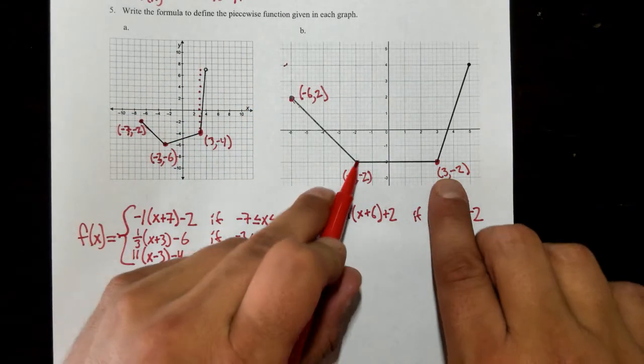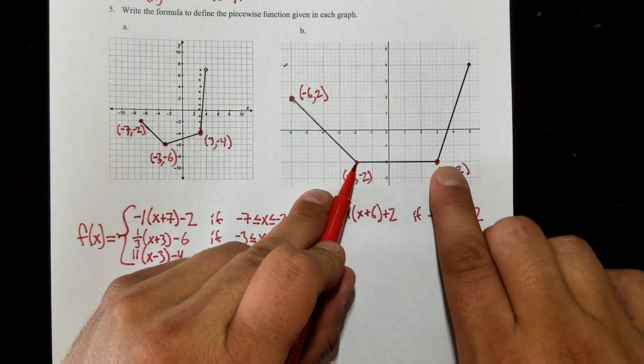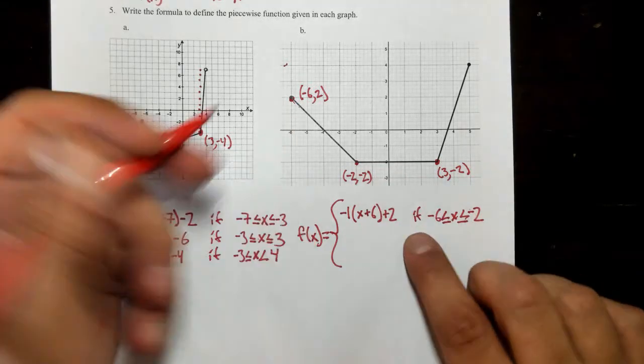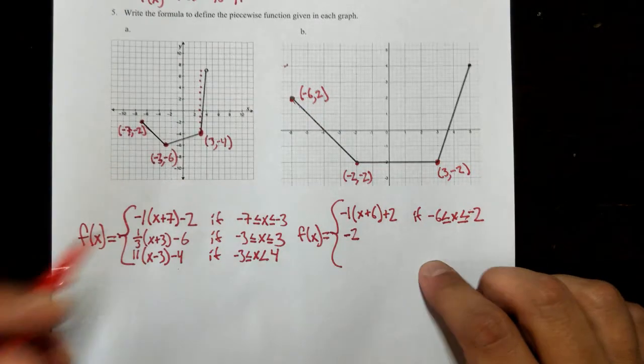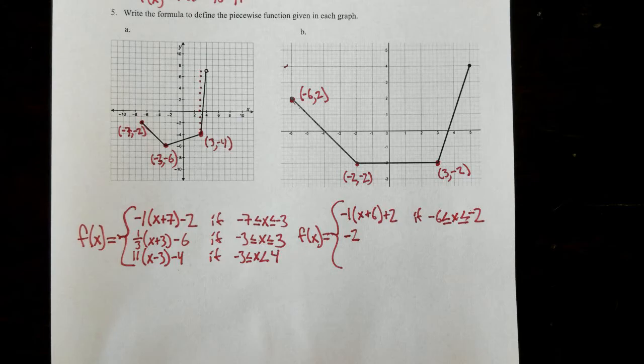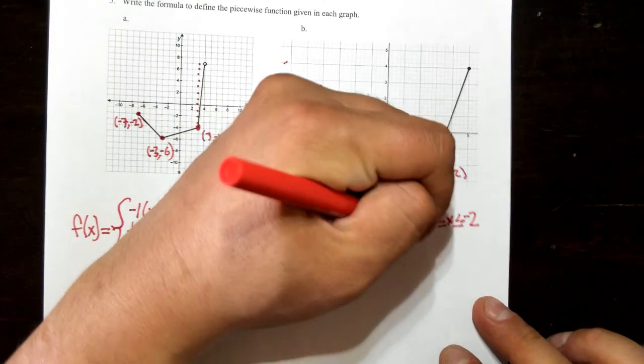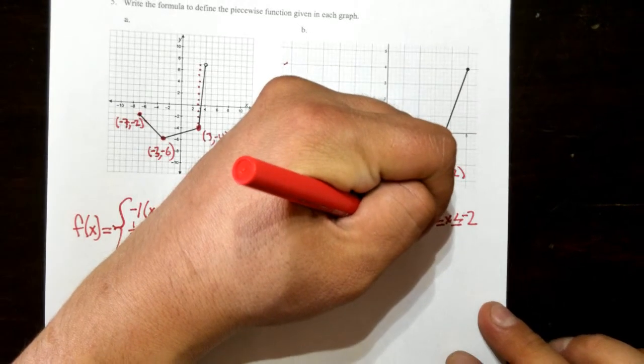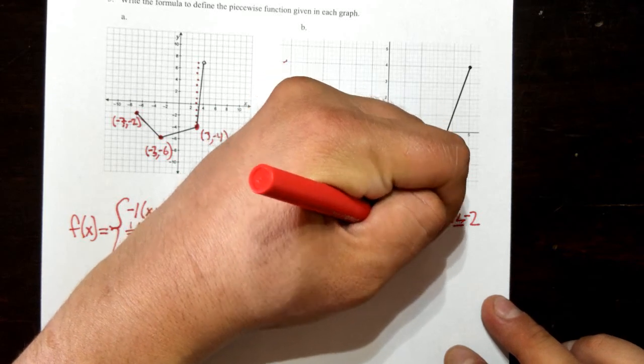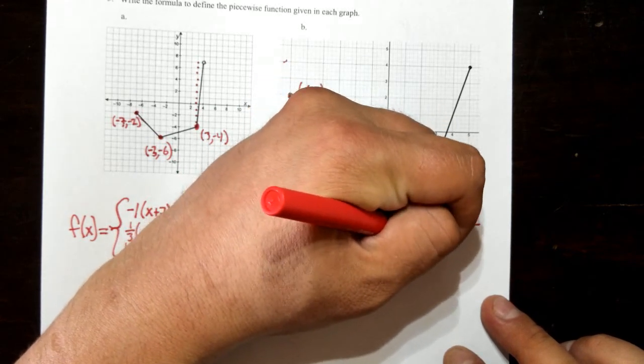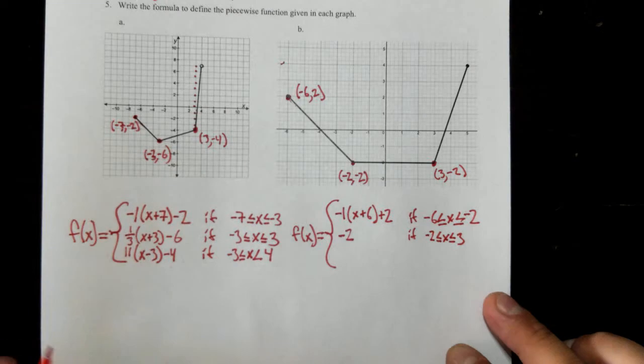Then this next section doesn't have a slope, so it's just -2. It exists at -2 the whole way, if x is between -2 and 3.